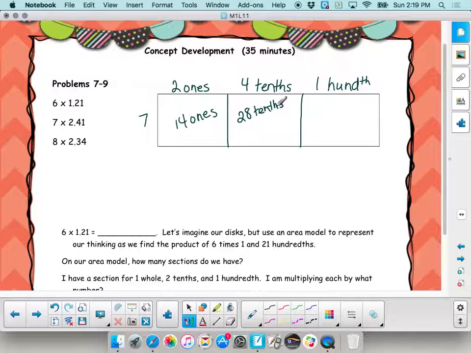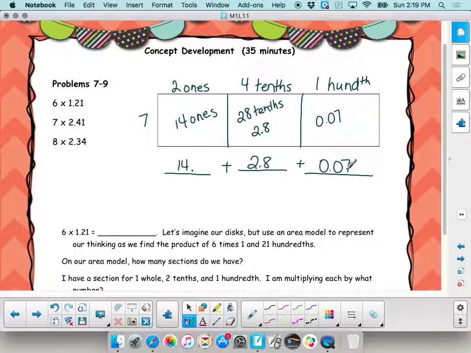How do I write that as a decimal? 2 and 8 tenths. 7 times 1 hundredth is 7 hundredths. Now I add all of this together. So 14 ones, you put the decimal there if that helps you. 2 and 8 tenths plus 7 hundredths.